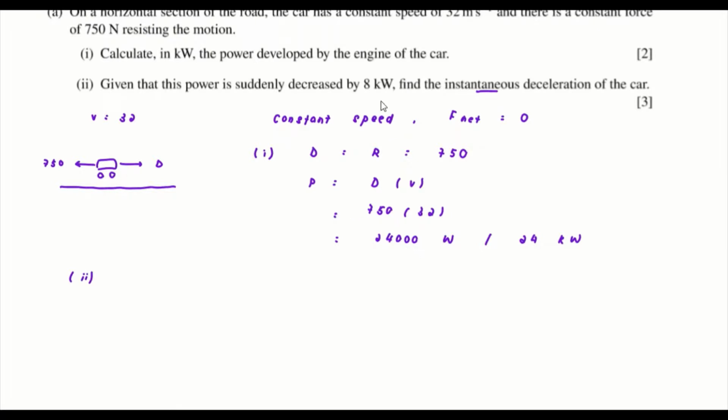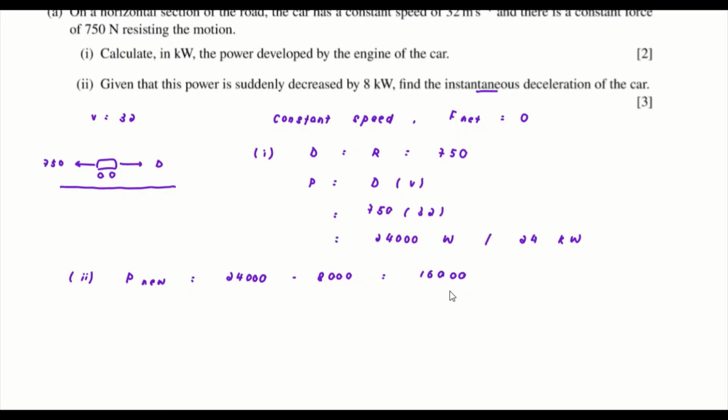Because the car keeps traveling with a constant speed of 32 meters per second. So when the power suddenly decreases by 8 kilowatts, how do you get the new power? It's going to be equal to the constant power minus 8,000. So from there, we can get 16,000.